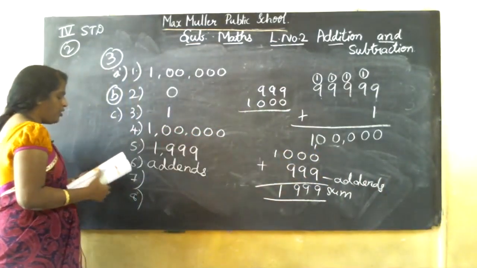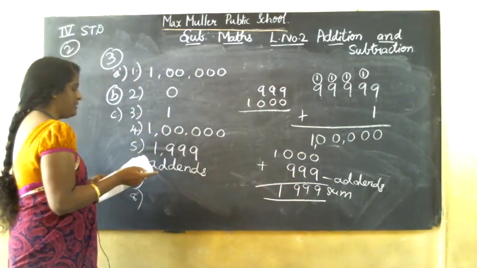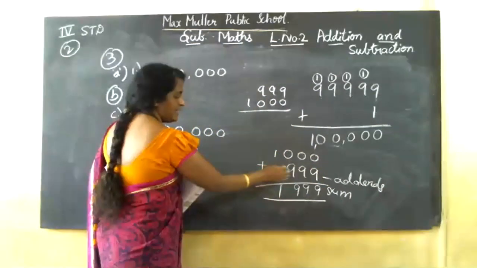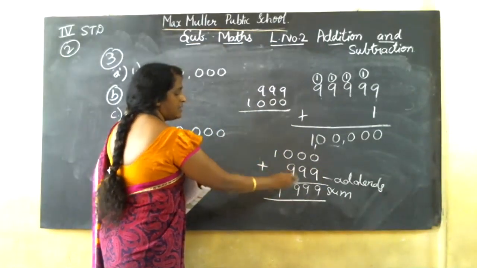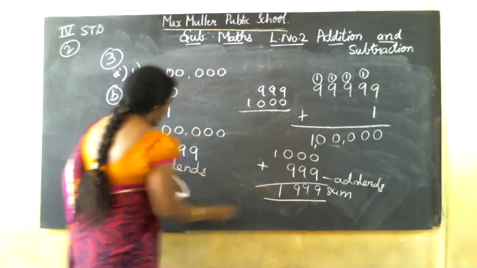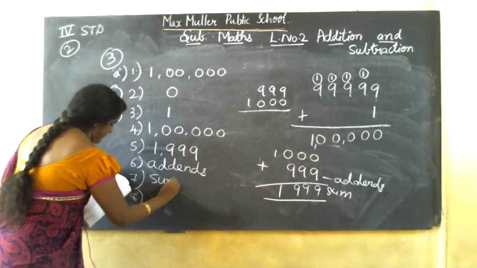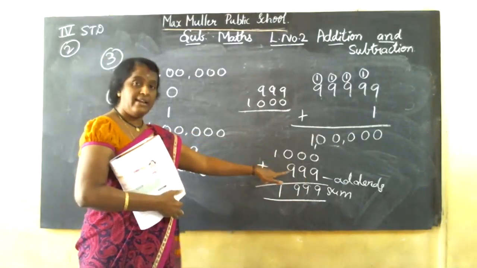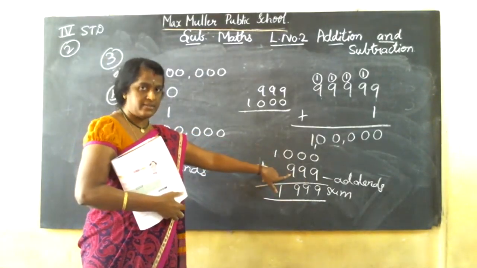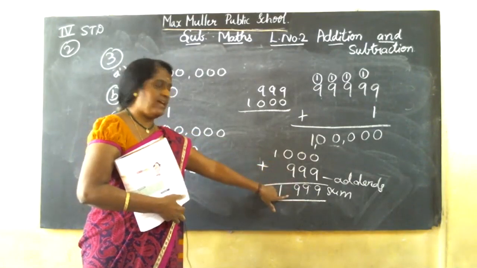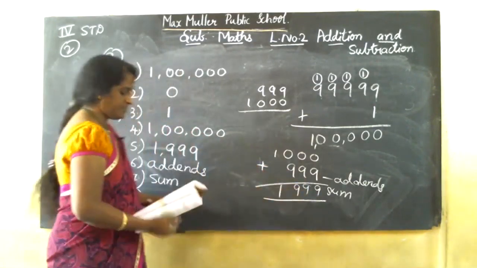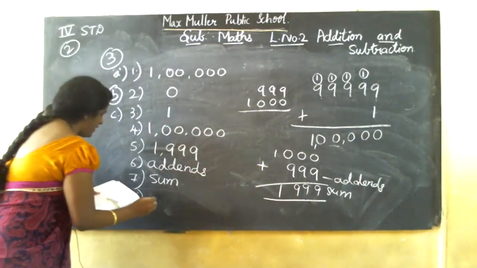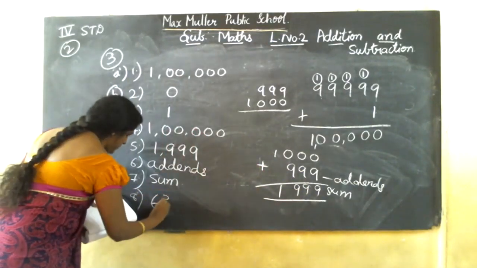The number or value we get after adding the addends, the answer, we call as sum. The last one: 635,850 plus 0 means the answer will be the same.